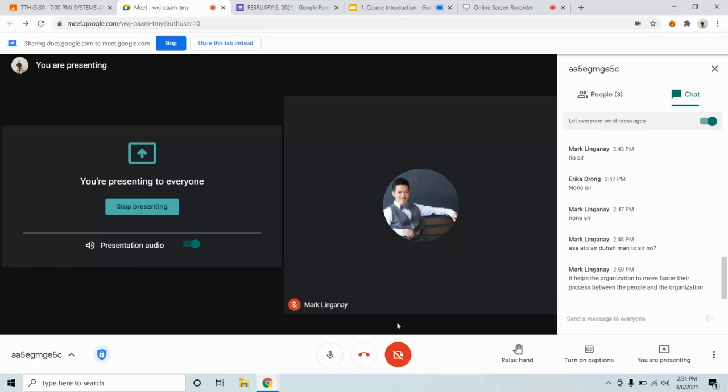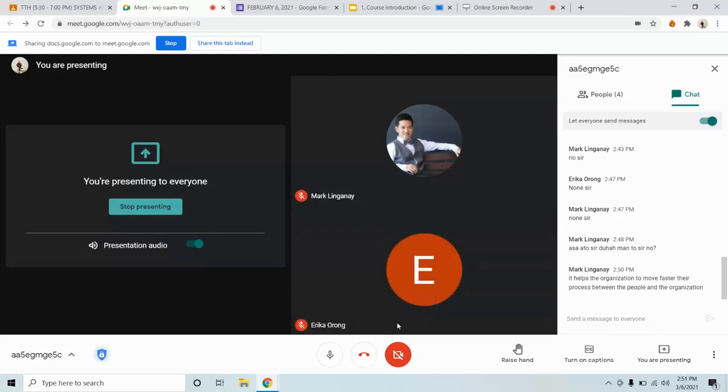Okay? And not just faster, but also accurate as much as possible. Humans are prone to errors. It does not mean that computers do not make errors, but obviously computers are much more systematic in terms of processing, in terms of converting data into information.